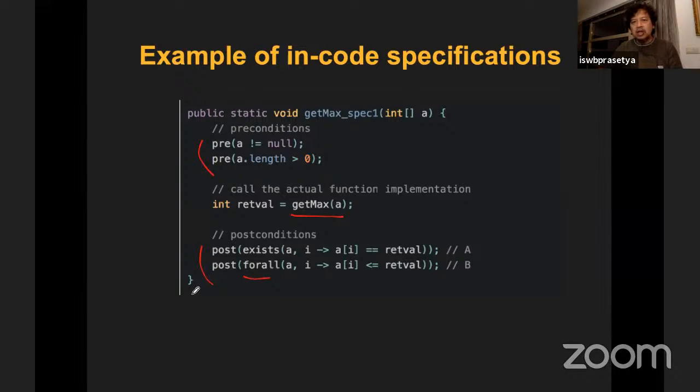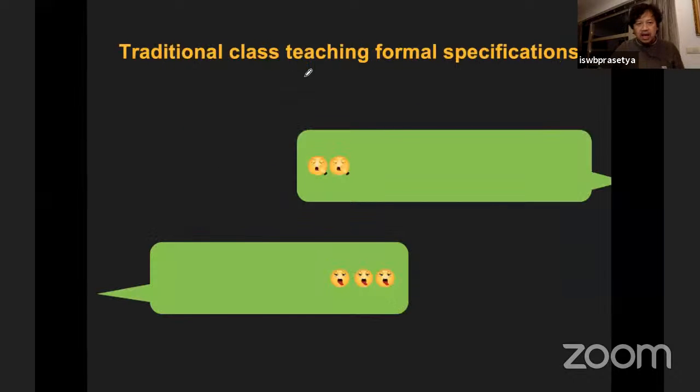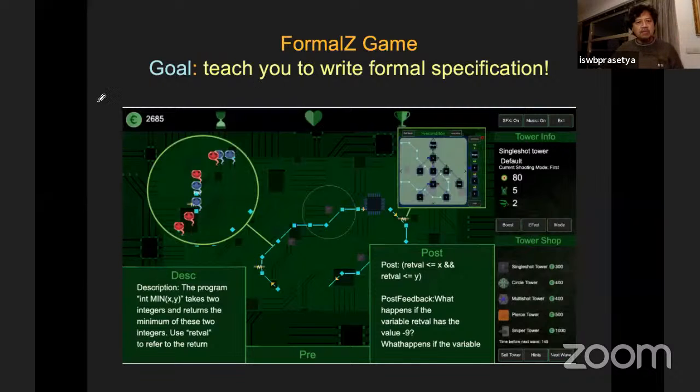But the problem is always that if you go to a class introducing formal methods, and I think as Tanya already said, it is often experienced as a bit boring. So we came up with the idea of developing a game to invoke some engagement from students. You can see here the screenshot of Formal Set.